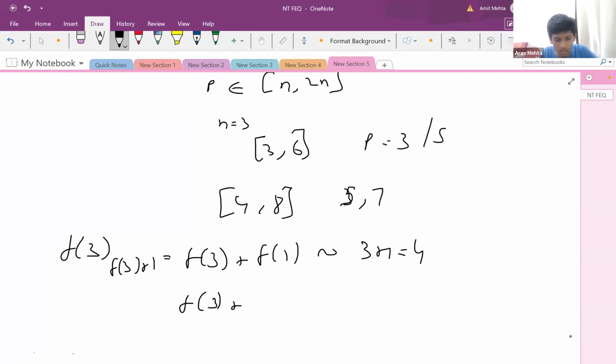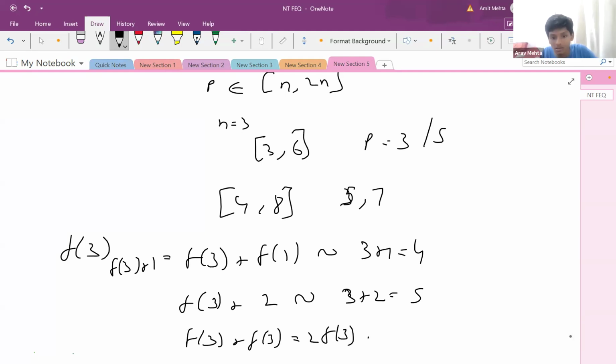Then we have f of 3 plus f of 2, which is 2, has the same number of divisors as 3 plus 2, which is 5. And then we have f of 3 plus f of 3 equals 2 f of 3, has the same number of divisors as 3 plus 3 equals 6.